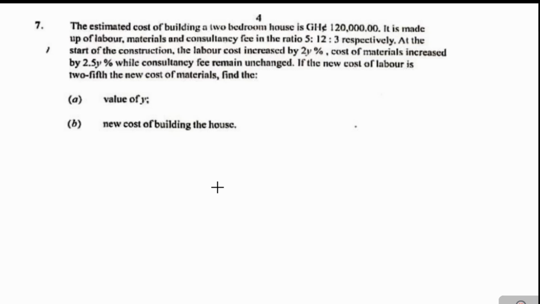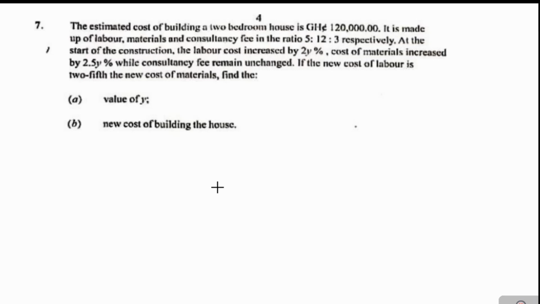At the start of the construction, the labor cost increased by 2y%, cost of materials increased by 2.5y%, while consultancy fee remained unchanged. If the new cost of labor is to fit the new cost of material, find the A, value of y, B, new cost of building the house.